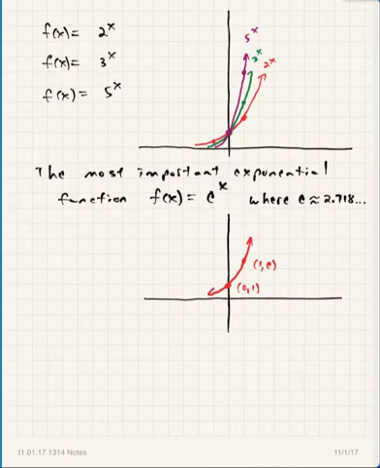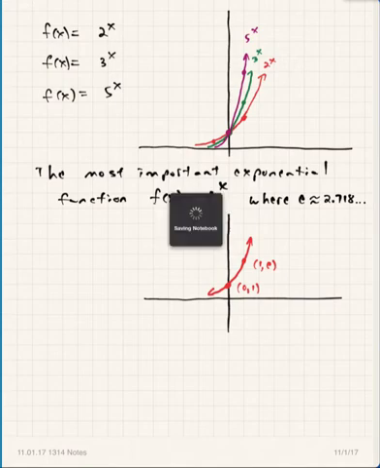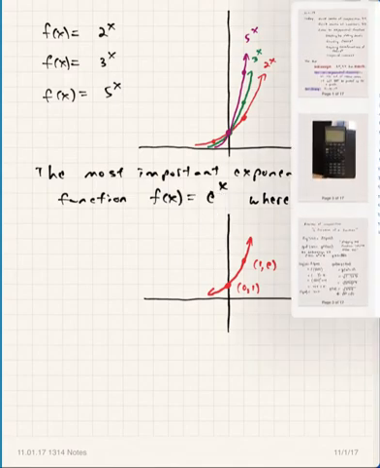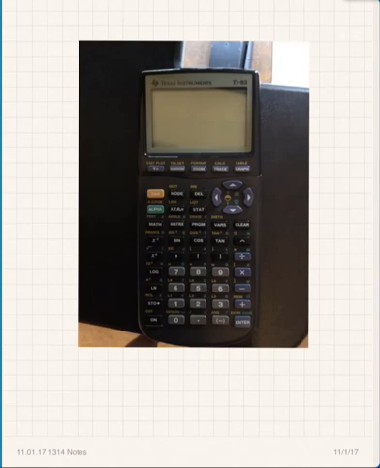All right, now at this point, if you are going to use a calculator to look at these graphs, I want you to look at a picture of a graphing calculator here and talk about where e to the x is on your graphing calculator. So e to the x, notice, is right here on a graphing calculator. And it's right above the ln key, and we'll talk about the ln key next week.